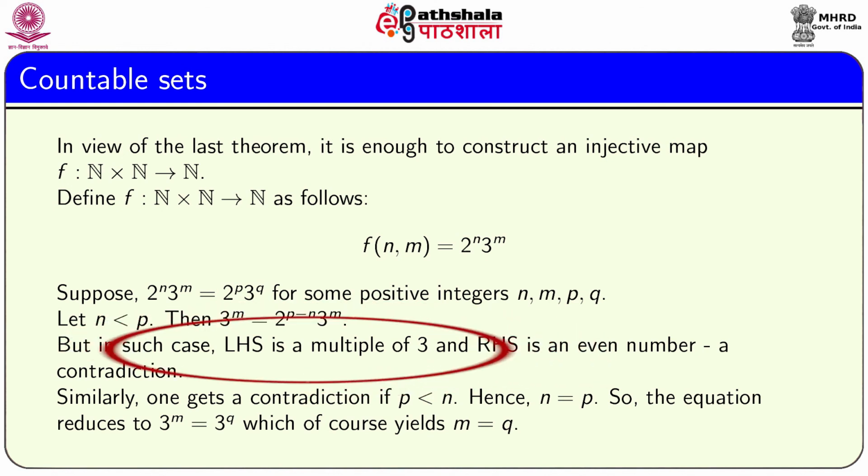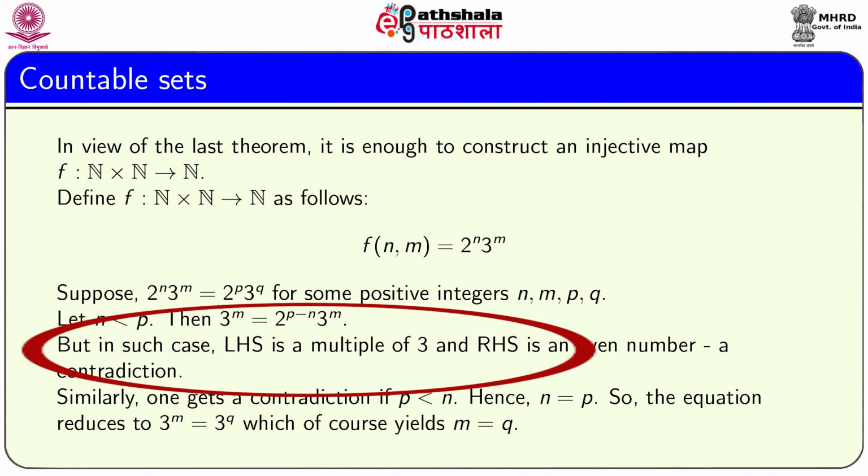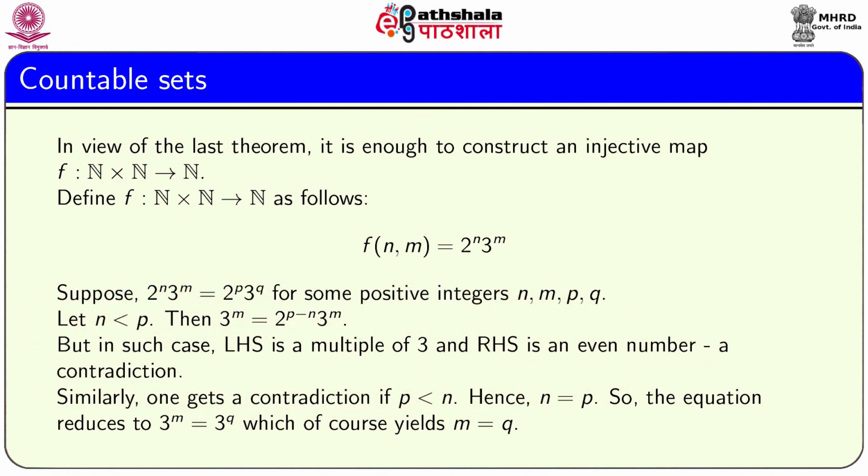But in such a case, the left hand side is a multiple of 3, while the right hand side is an even number, which cannot be possible. Similarly, if we choose p to be less than n, then we get a contradiction. So, n must be equal to p, and therefore, the equation reduces to 3 to the power m equal to 3 to the power q, and thereby we get m is equal to q.